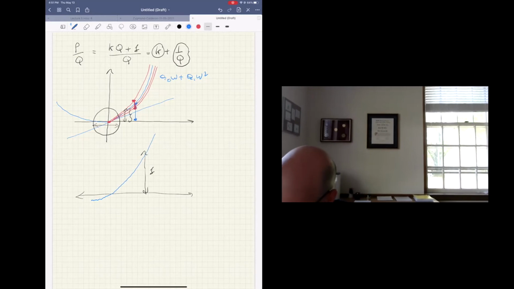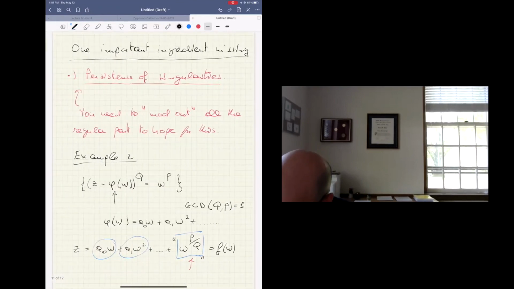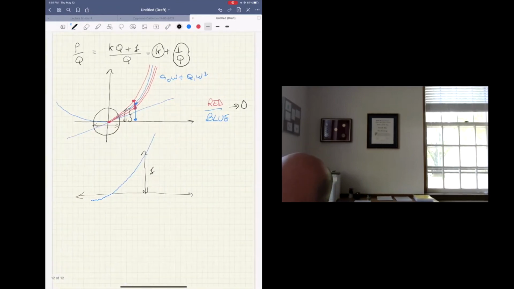So if the ratio of red over blue is going to 0, in other words, if my p over q is bigger than 2, well, in this case what I'm going to see really is a flat tangent.